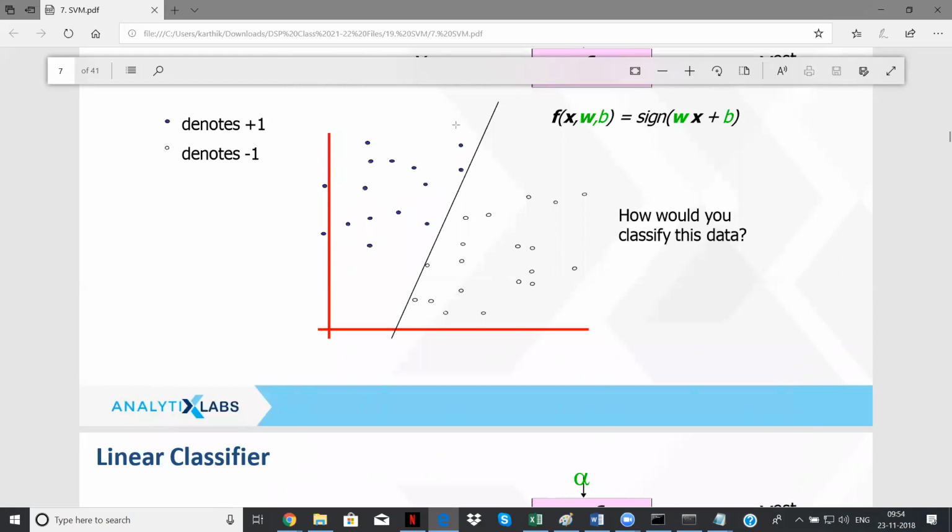So what I'll do is draw a line which is just passing through that point, parallel to this, with the distance D. Clear? And what I mean by distance D is the distance from this point to the black line, not the margin line.